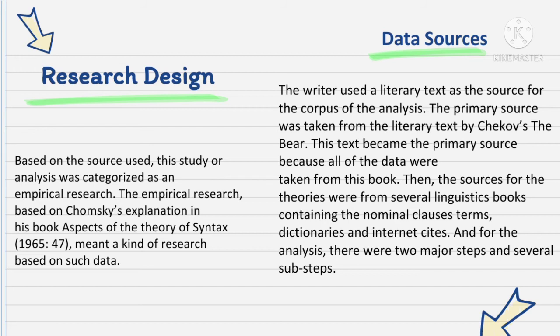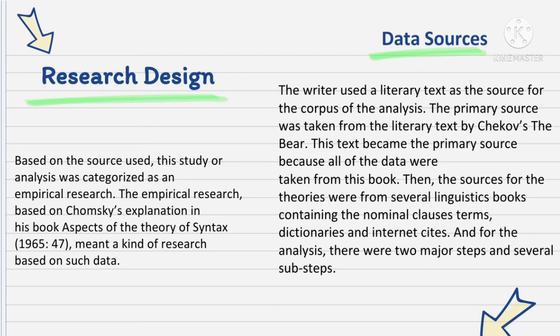Here is the research design. Based on the source used, the study or analysis was categorized as empirical research. Empirical research, based on Chomsky's explanation in his book Aspects of the Theory of Syntax, means a kind of research based on data. Data sources. The writer used a literary text as the source for the corpus of the analysis.